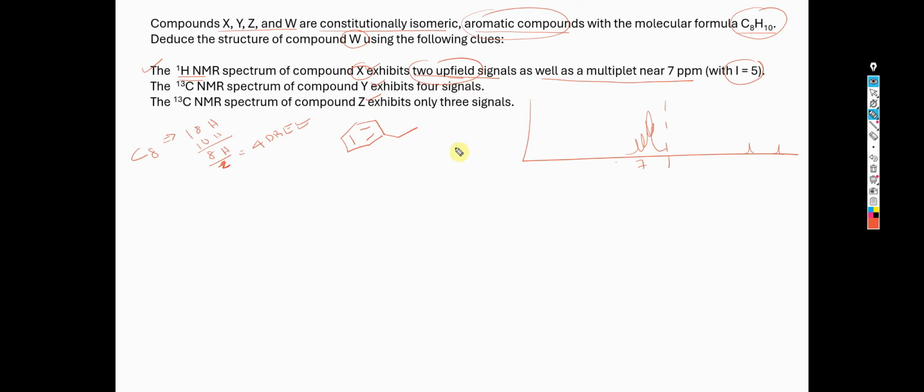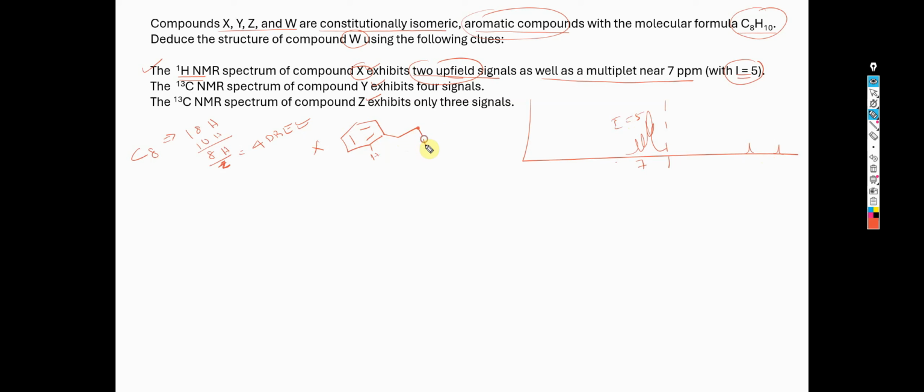Okay, so when the integration for this molecule is 5, this is going to be the structure of compound X, because you have 5 aromatic hydrogens, integration equals 5, and you have 2 signals corresponding to this ethyl group, and we know how NMR works for an ethyl group.